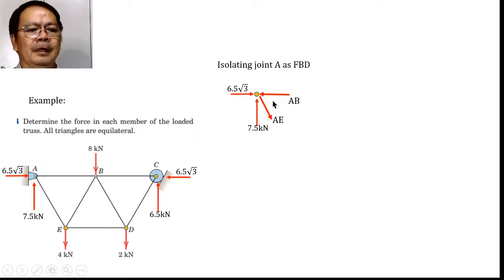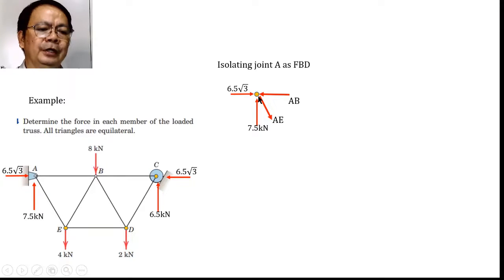Itong sagot, kapag ang direction ng force na nakikita natin ay directed towards the joint gaya ng pinakikita dito ng AB, ang ibig sabihin, AB will be subjected to compression. Samantalang kapag ang force ay directed away from the joint na gaya ng ipinakikita ng AE, therefore AE will be subjected to tension. Okay, malalaman kung siya ba ay tension or compression.